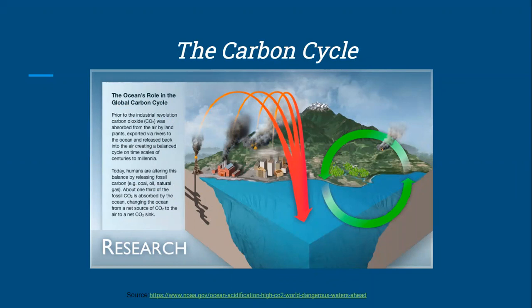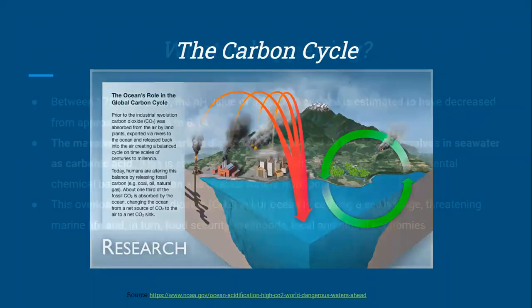And this is due to an increase in industrial activity, an increase of CO2 entering the ocean, which is unprecedented. And as we'll see later on in the presentation, this could have dire consequences, not only for marine life, but also for humans.